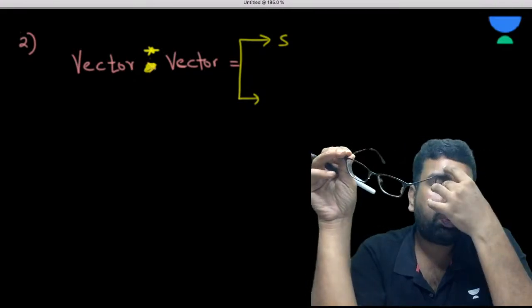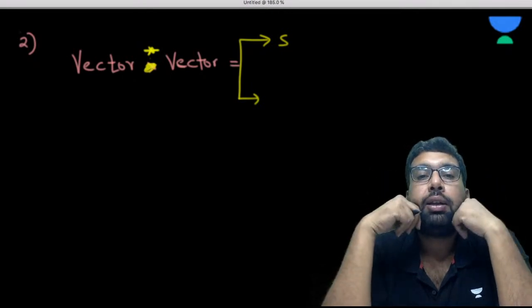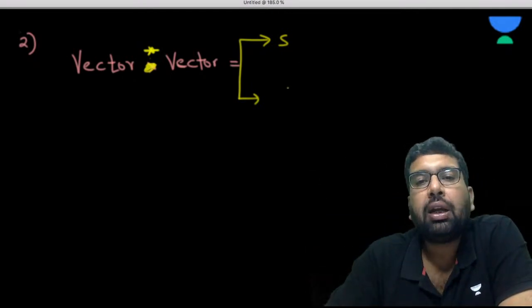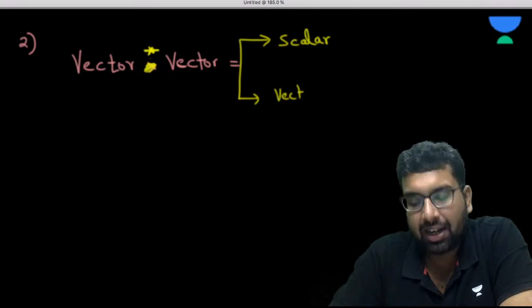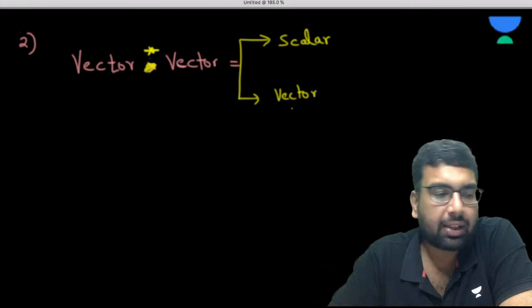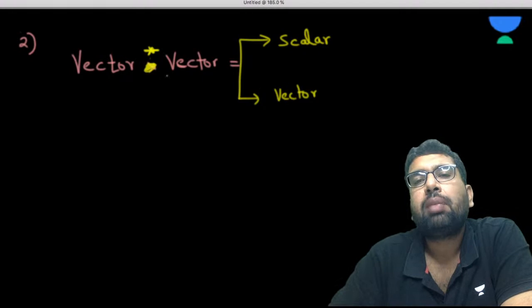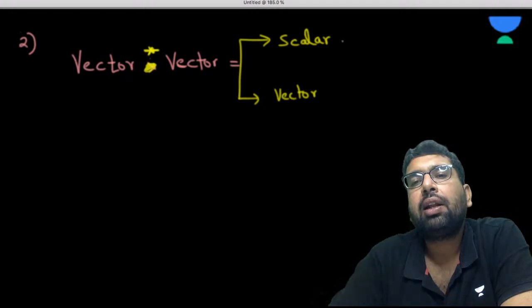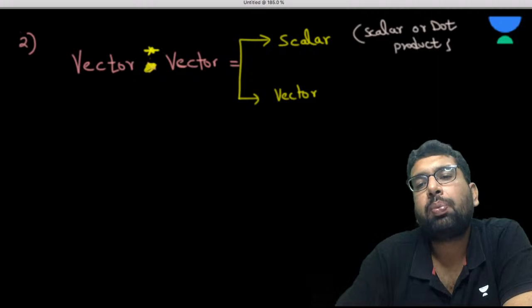So when two vectors are multiplied, the final result could be a scalar, and the final result could be a vector as well. In the cases where the vector and vector multiplied give a scalar result, this process is known as scalar or dot product.